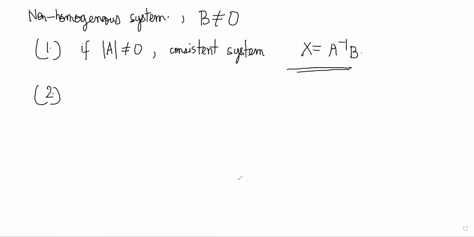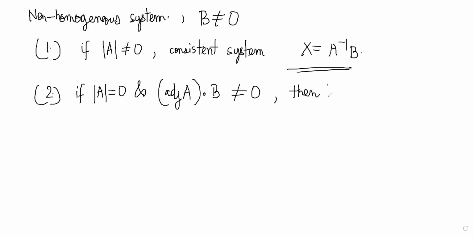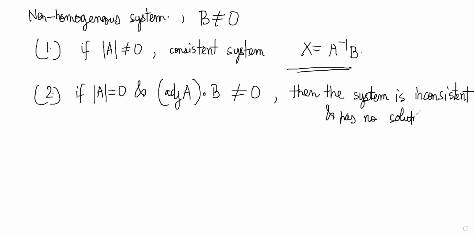Now, in this case only, if det of A is equal to 0 and adjoint of A times B is not equal to 0, then the system is inconsistent and has no solution. Why is that?